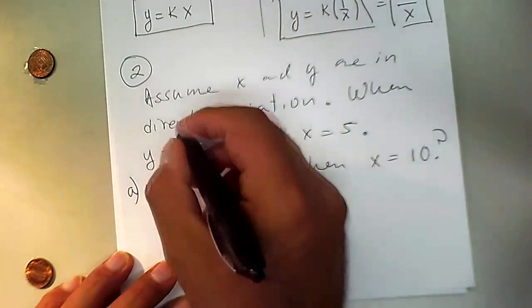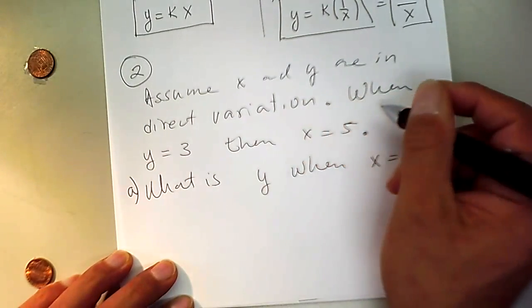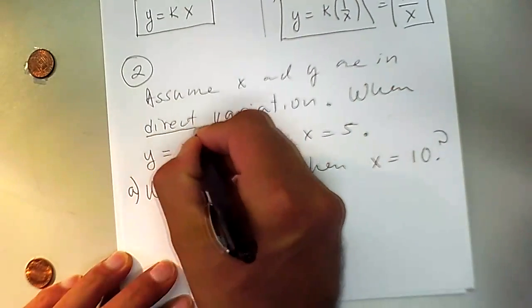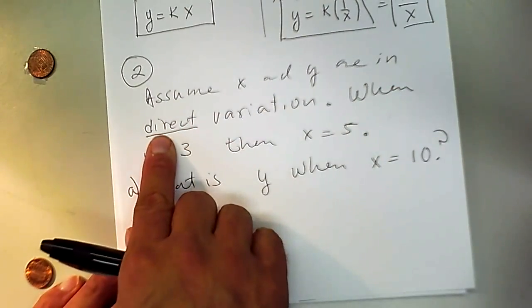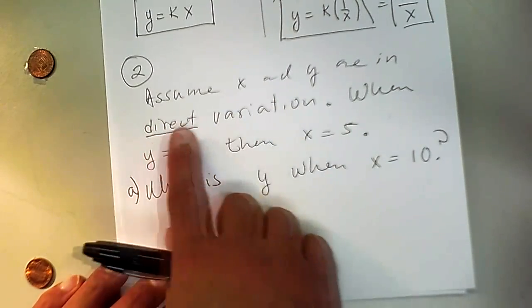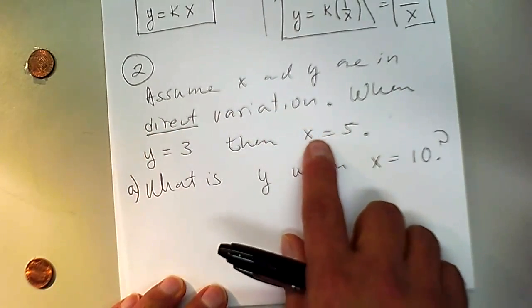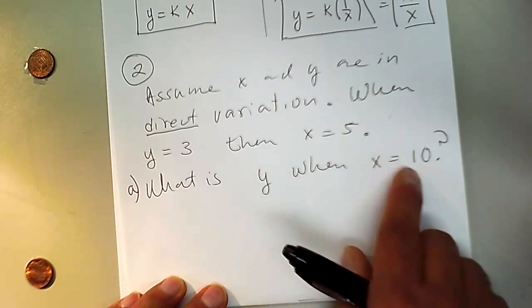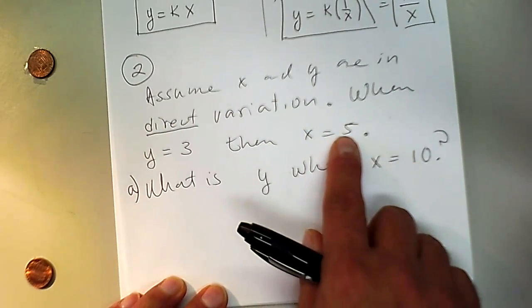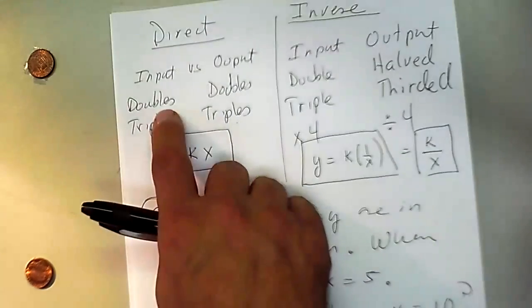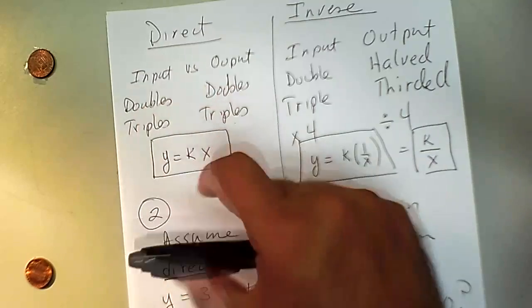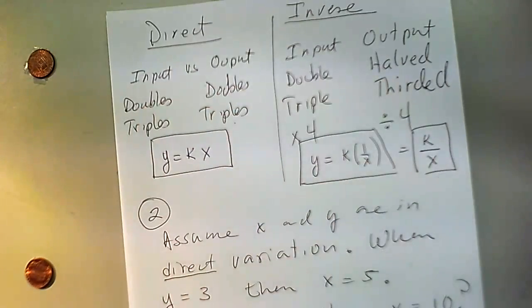Well, mind that we are in direct variation. So you have to pay close attention to this, direct variation. So when x is 10, that's double 5. And in direct variation, if one doubles, the other one doubles. Whatever happens to one as far as proportions, the other one is the same.